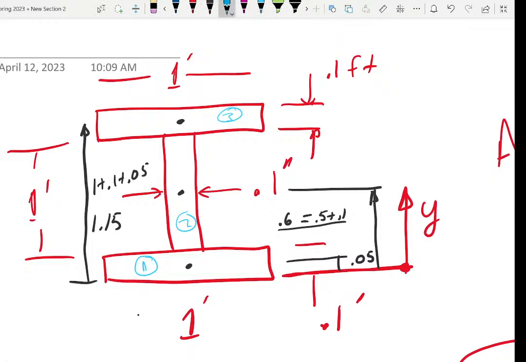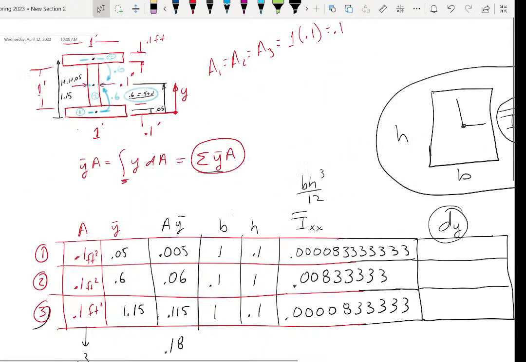I have actually found the I about these particular locations. But what I want to do is move this one to here, and move this one to here. What is the distance I move? Well, here it's 0.6, and here it's the same thing, 0.6. So the distance I'm moving each of these is 0.6.